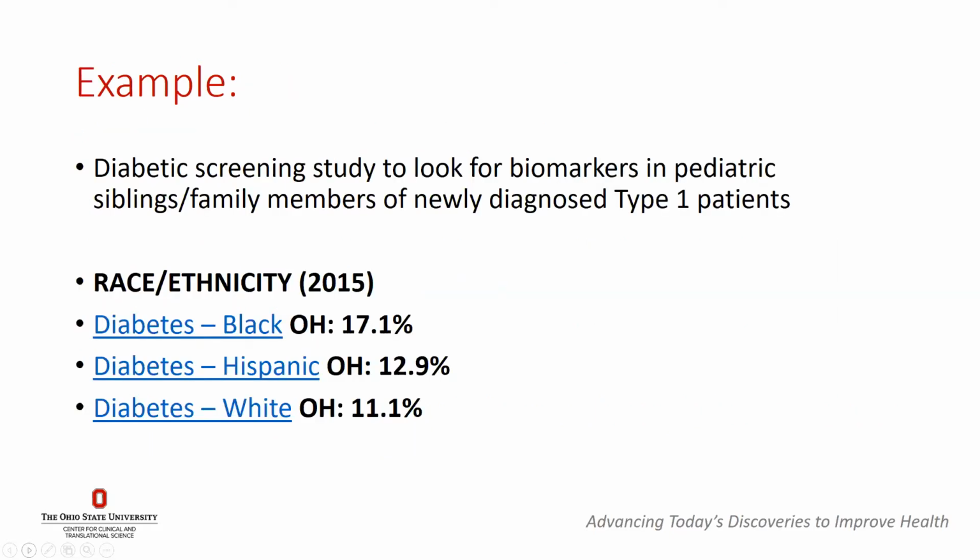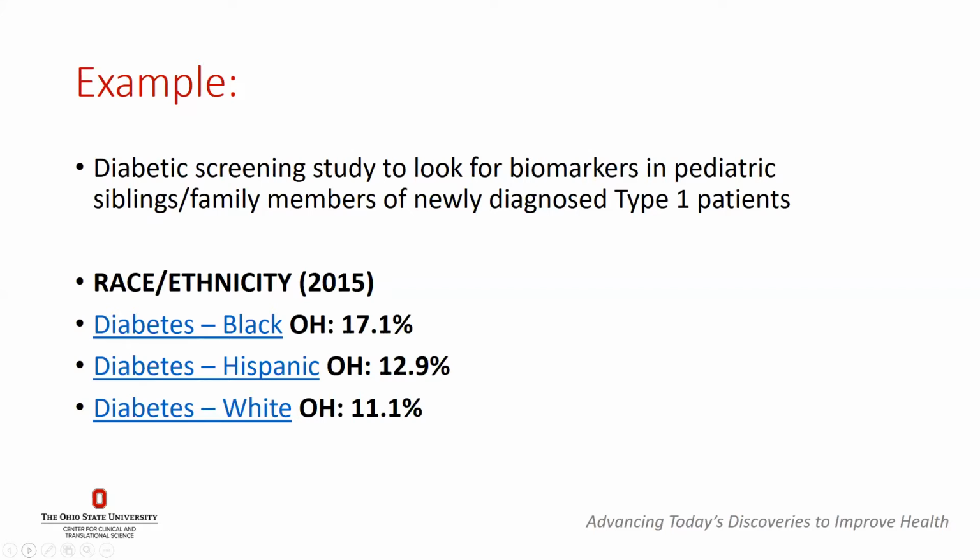I wanted to bring one example that I experienced early on in my clinical research career. I was working on a pediatric diabetic study, looking for biomarkers in the siblings and family members of a newly diagnosed type 1 patient.